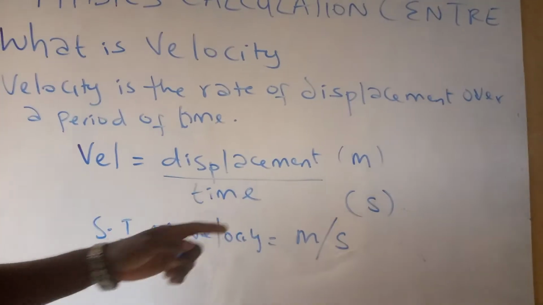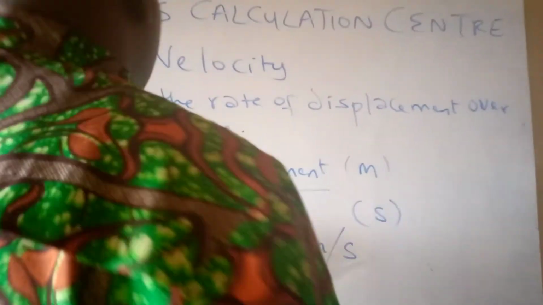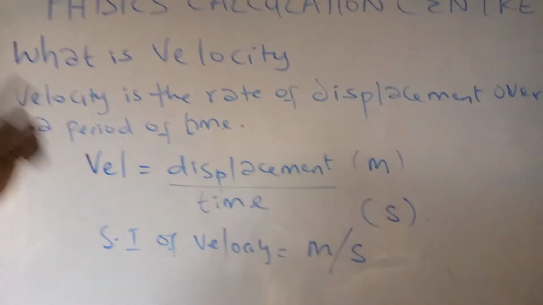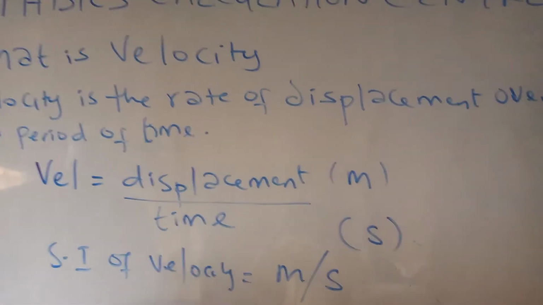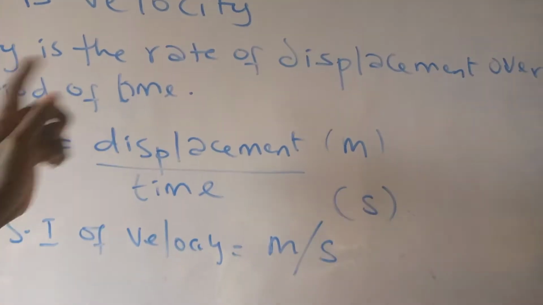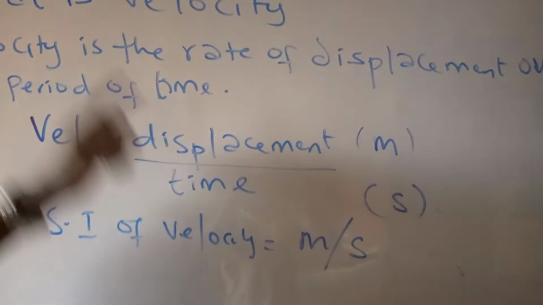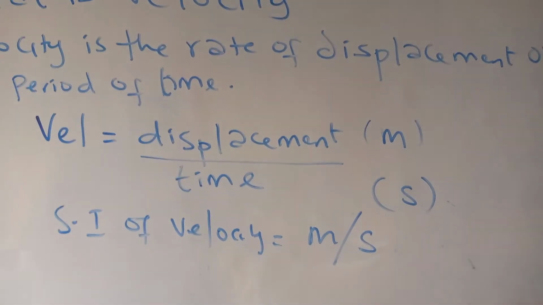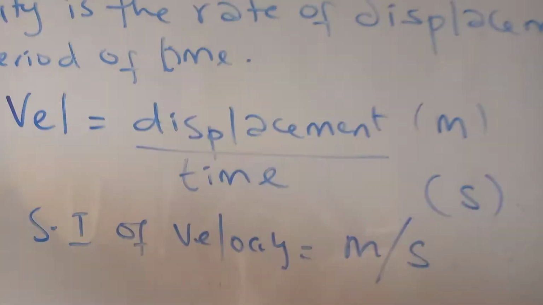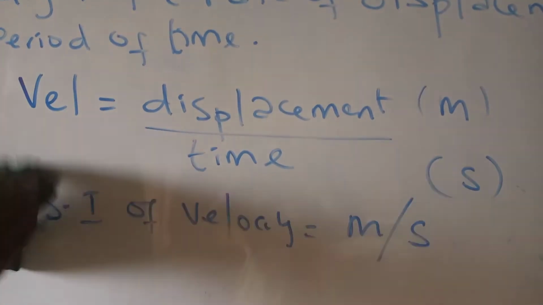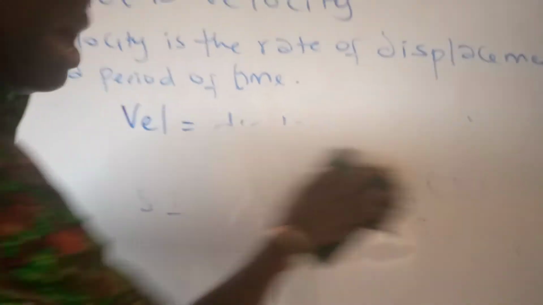Velocity is measured in meter per second, the same as speed. I have told you the difference. They are basically the same thing, but in velocity displacement is involved, but in speed it talks about distance. So quickly we'll look at a particular calculation, so that will help drive home our point.